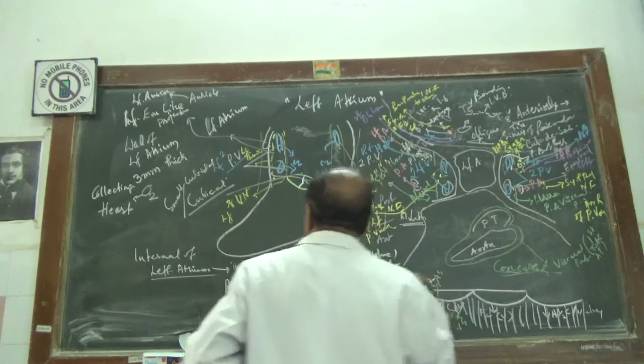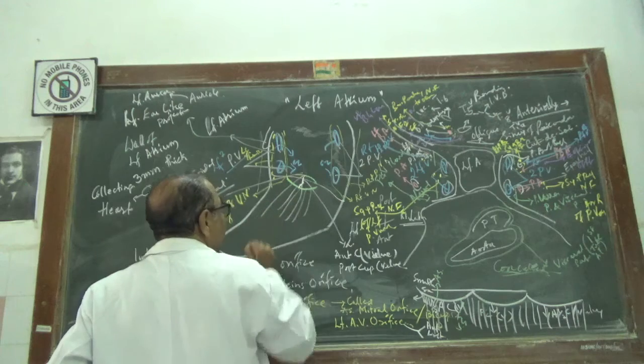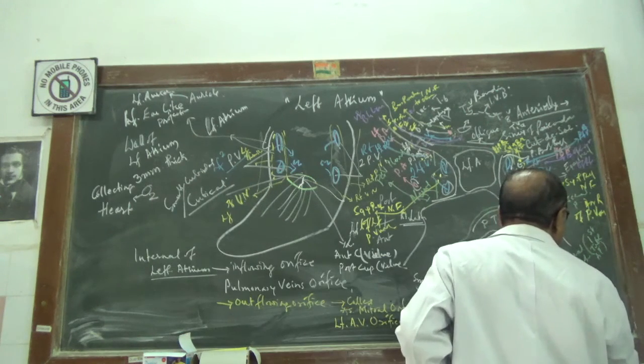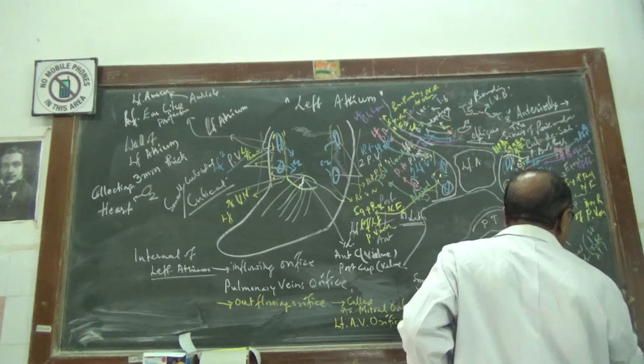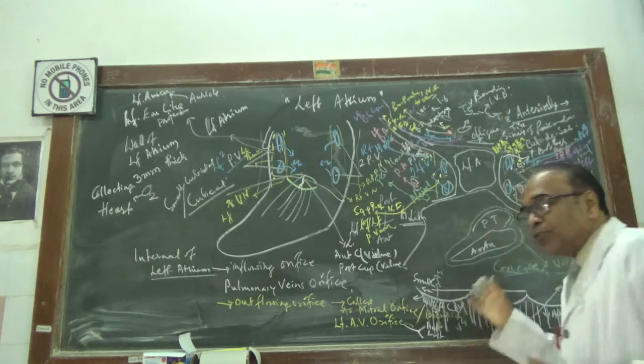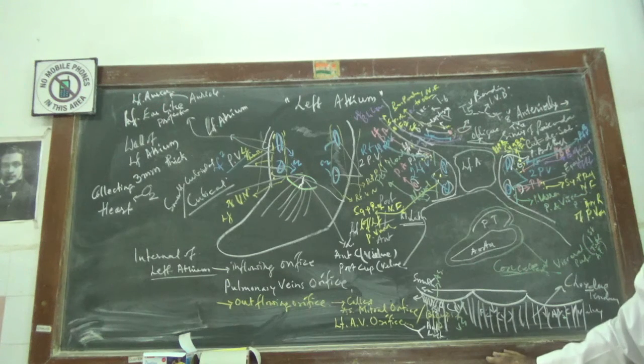Those fibers are called chordae tendineae. These chordae tendineae arise from the ventricular surface of the cusps of the valves.